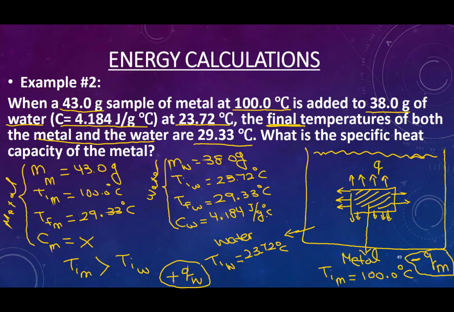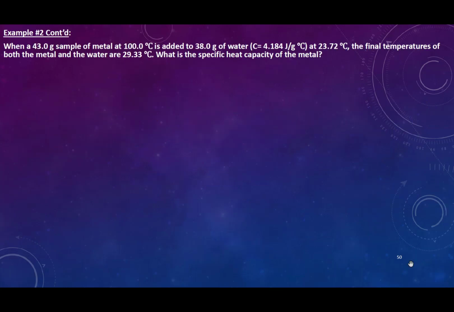Then we're going to use this concept and we're going to solve for specific heat capacity of the metal. What I just told you guys, at some point they're gonna have the same temperature. What that means is that their Q is gonna be the same. Then at some point the Q for water is gonna be the Q for metal.